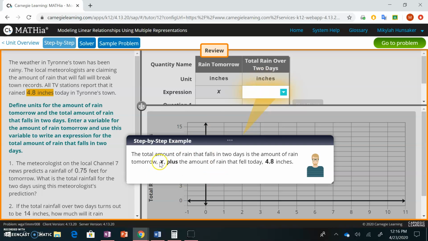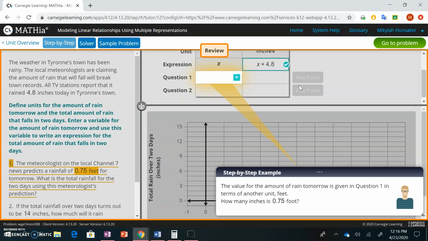If you're measuring rain, it's 4.8 inches today, and then we have to add on the amount of rain that happens tomorrow. We don't know how much rain happens tomorrow. That's why we put x. So we do the x for the unknown amount of rain, and add on the 4.8 inches that we had today. Press enter. There we go.